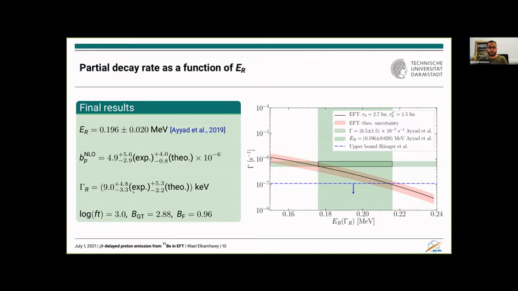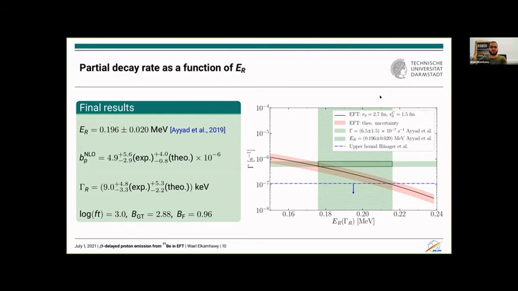So this is why we end up with the experimental uncertainty here, basically moving along this line. And then on top of that, we add a 40% theoretical uncertainty, which is the value here. And as you can see, we have an overlap of our theoretical predictions with the experimental results by Ayat and company, and also this decay width is in consistency with the experiment.